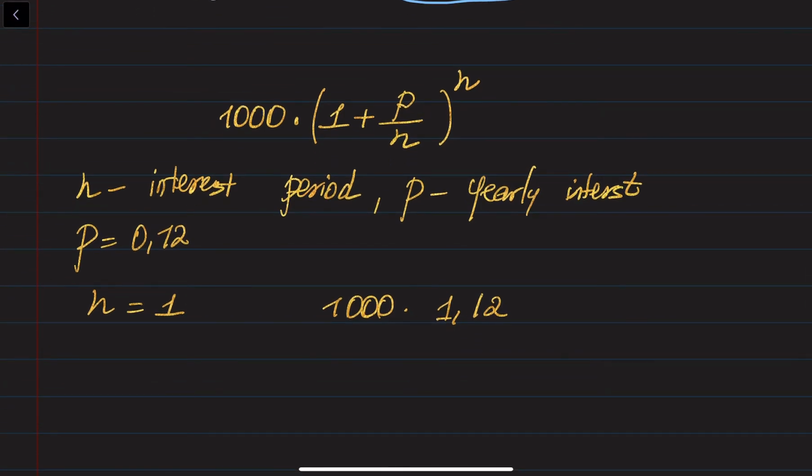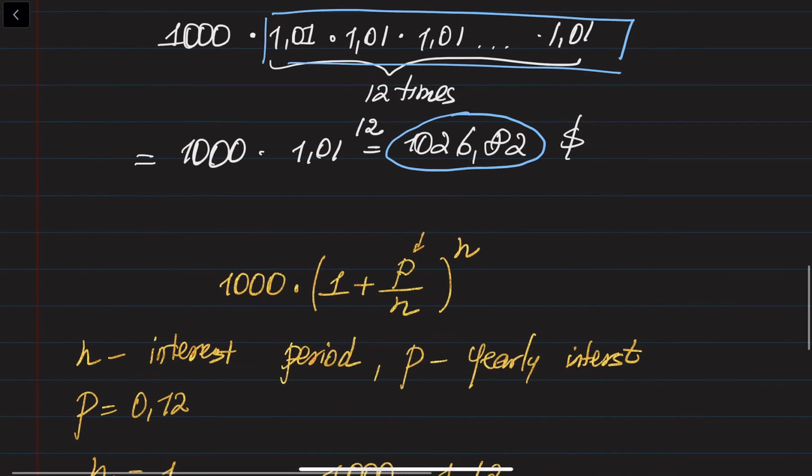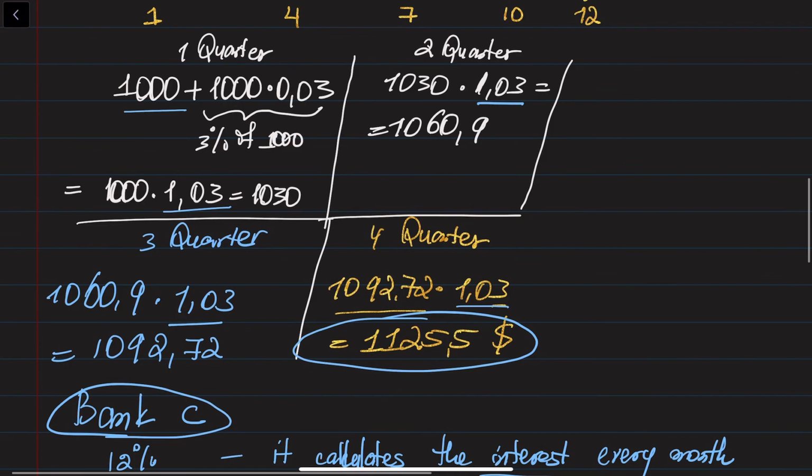If n is equal to 4, so essentially the interest period is 4 times per year, this is going to be 1,000 times, here P is 0.12 divided by 4, which is 0.03. If I add this to the 1, it's going to be 1.03, and I have to raise this to the power of 4. So this is what we've seen before, right? So I multiply this 1.03 4 times.